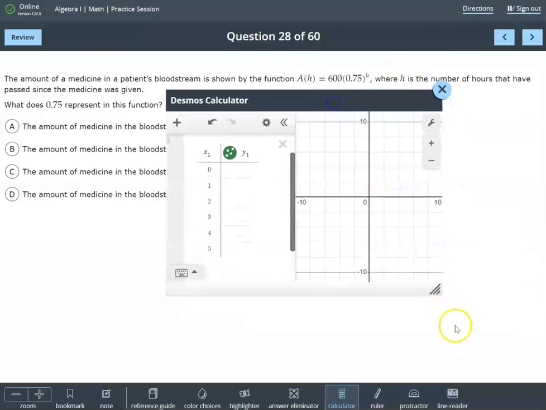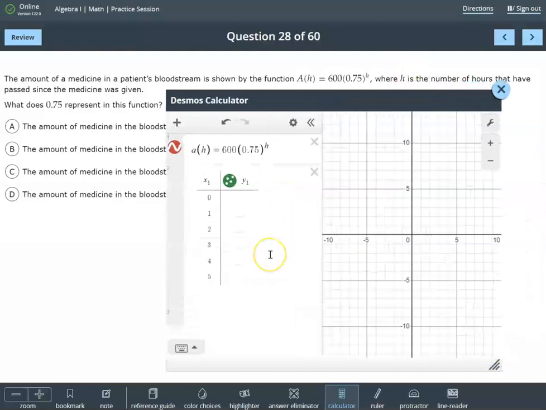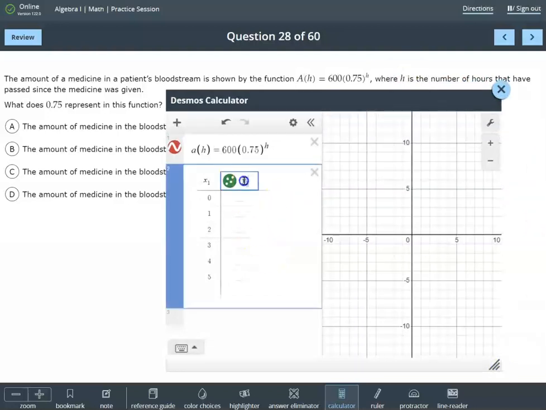I'm going to move this over, stretch it out. All right, so let's see. Instead of y1, I don't want y1. What I want is a, and I'm going to use a lowercase a, and I'm going to put x1, not h. I'm using x1 because the column on the left side of my table says x1, and I would like for those numbers to get plugged in to this formula, and it will output the numbers for me.